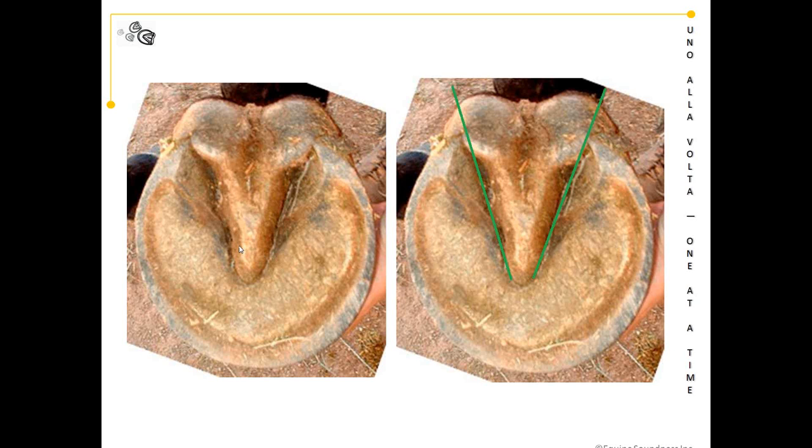Something else I want to just mention on this, in my experience, if you trim the bar here a little bit more down than what it is shown here, just a little bit, you get much more circulation to the hoof, and within 4 weeks this hoof will look a little bit wider in this area here. That's just in my opinion. There the bar is a little bit too high, and when I trim this down just a hair, then the frog gets wider.